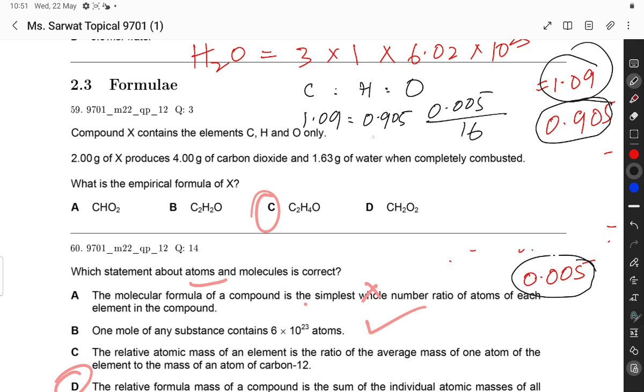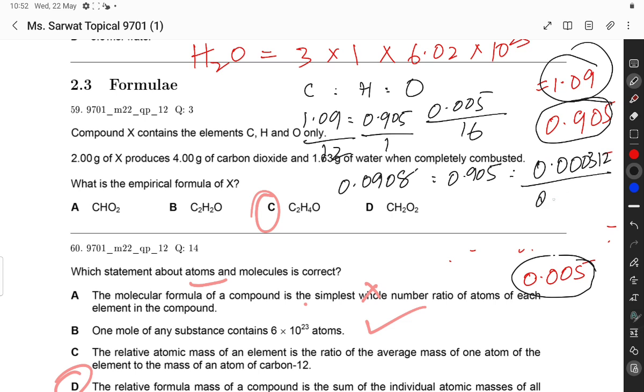Divided by 16 and by 12: 1.09 divided by 12 is equal to 0.0908, ratio 0.905, ratio 0.005 divided by 16. This is equal to 0.00312.